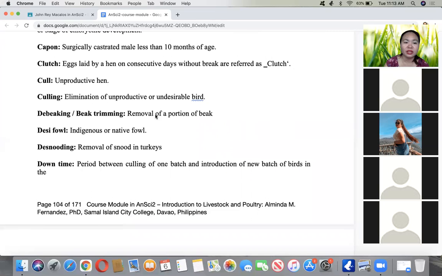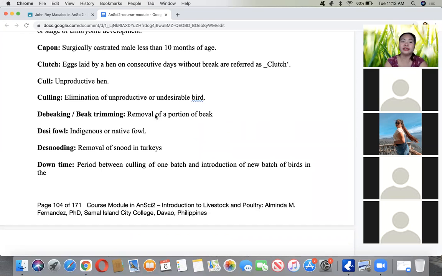So there's also caponizing in chicken, and also clutch: eggs laid by a hen on consecutive days without break are referred to as clutch. So it's just referred to the eggs, since ilang beses ba mangitlog ang chicken?